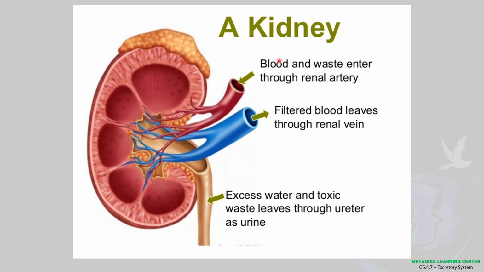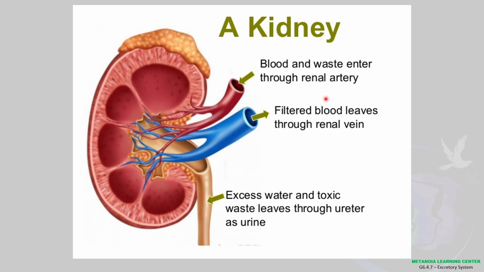Okay. So again, papasok yung blood from the aorta through the renal artery to the kidney. And at the moment that our kidney is basically filtering the blood. So once tapos na siyang mag-filter ngayon, blood will now pass through the renal vein leading to the vena cava.